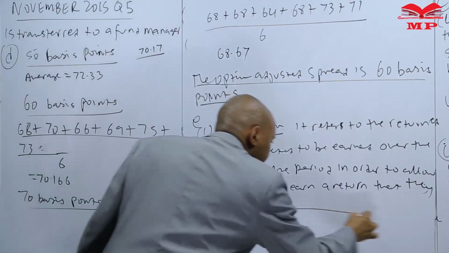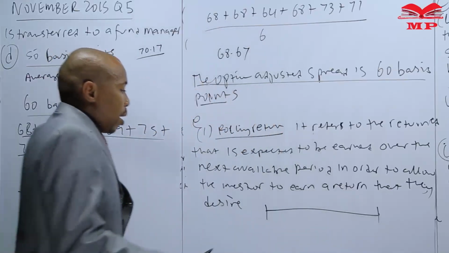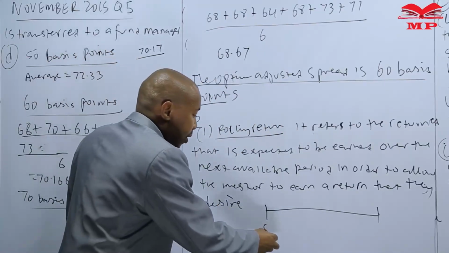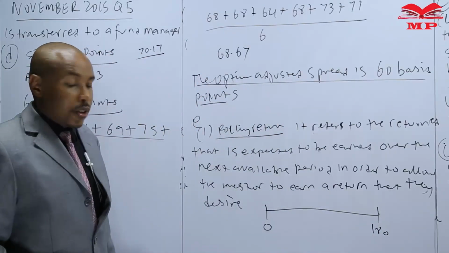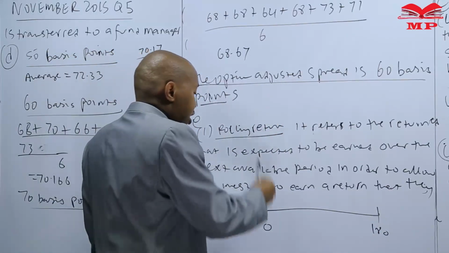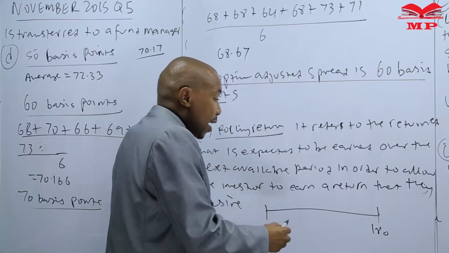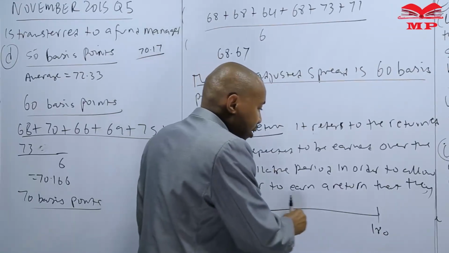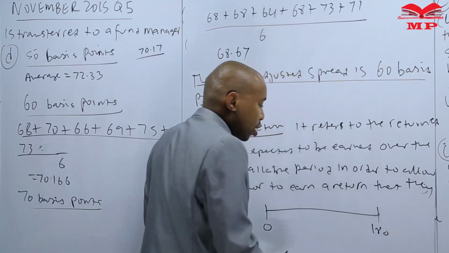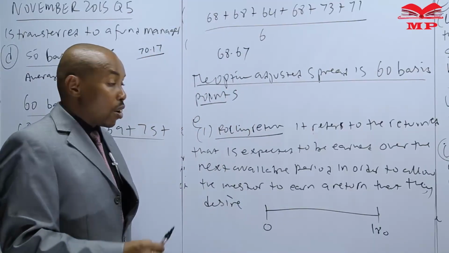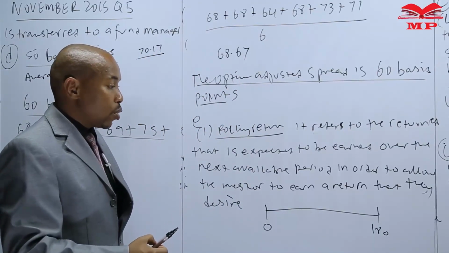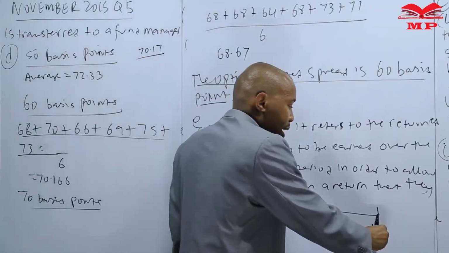Simply put, it's like this. An investor has invested for this 180-day period in a security. So we are saying that the rolling return refers to the return that will be earned. As you approach this maturity period, the investor wants to continue holding on to that position because it's approaching expiry at 180.